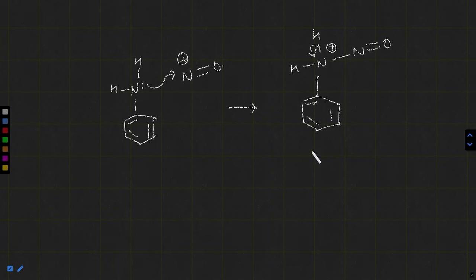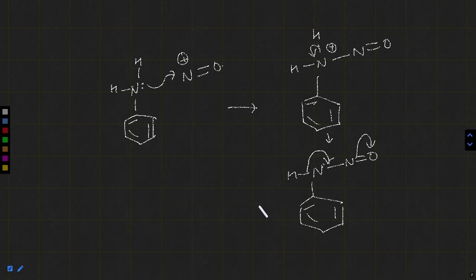This will go here and will create N, NO and H. Now there will be an IPT, that is an interproton transfer. I am taking this abbreviation from NCERT only. It will move here.